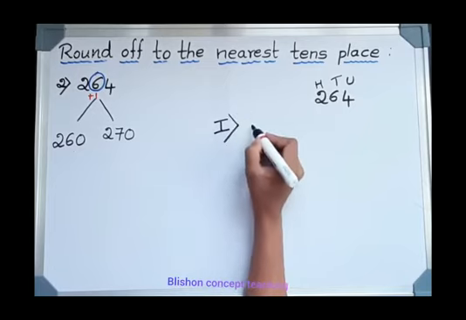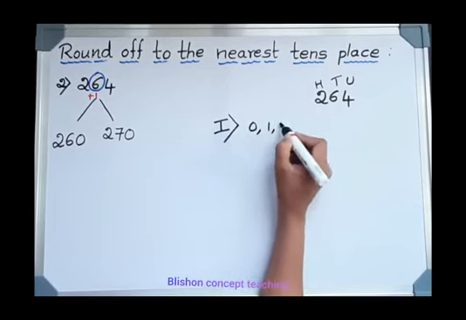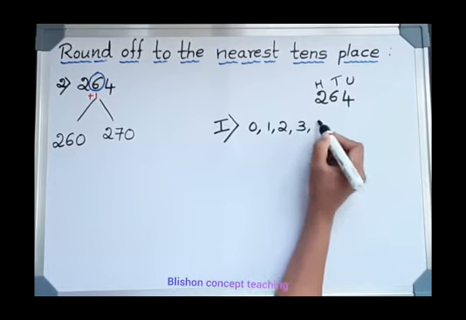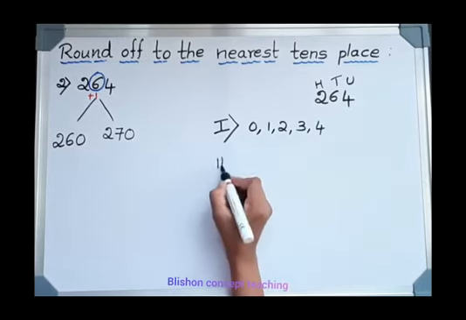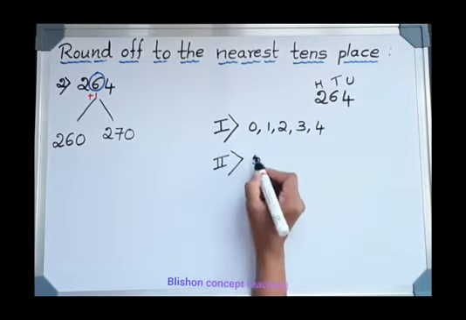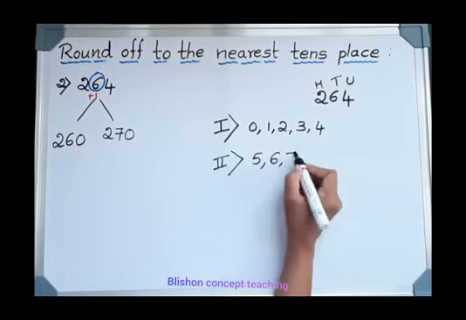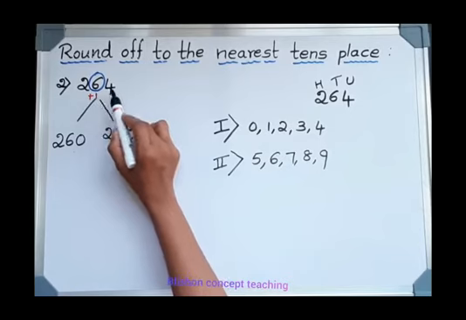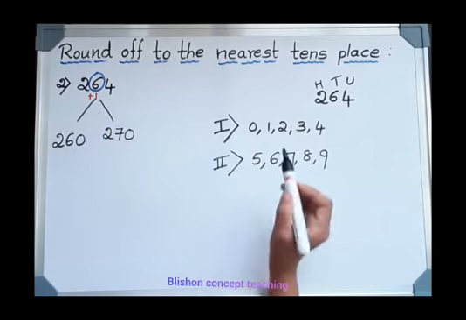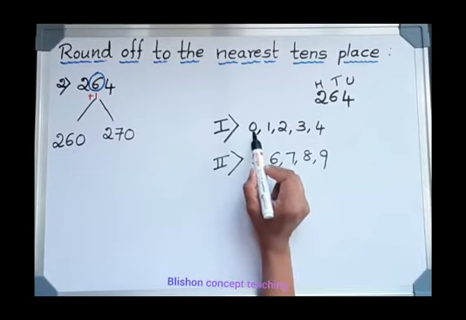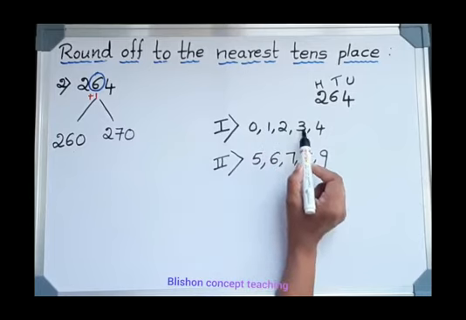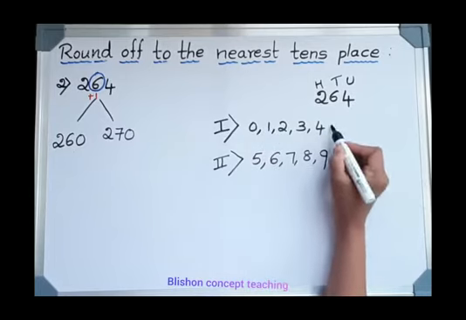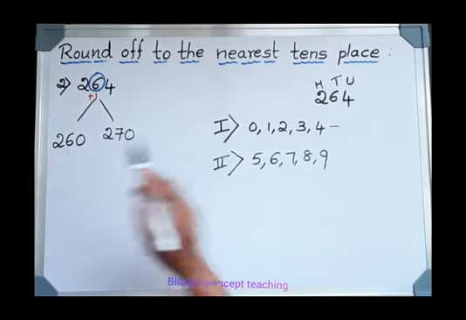In the first group, 0, 1, 2, 3, 4. And in the second group, 5, 6, 7, 8, 9. After the tens place, if the digit is 0, 1, 2, 3 or 4, we will round up to the previous number.